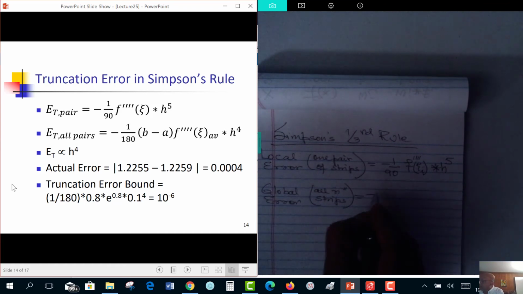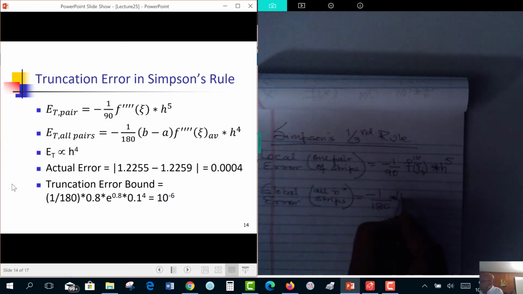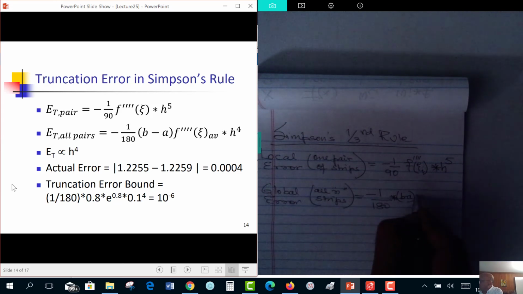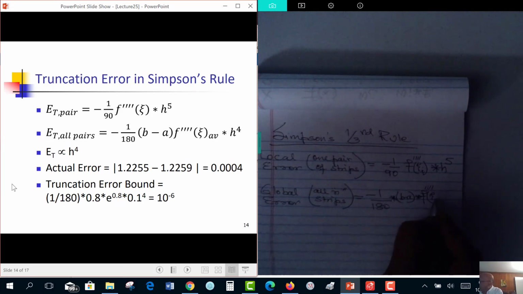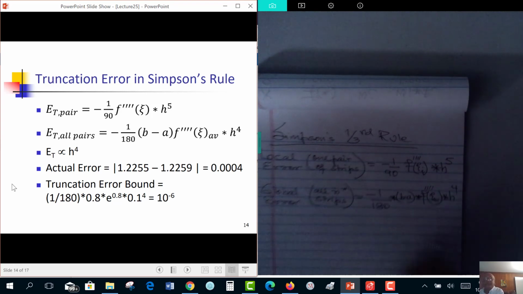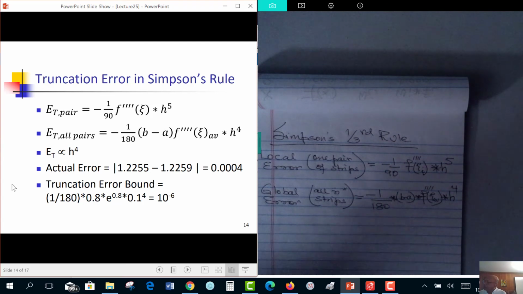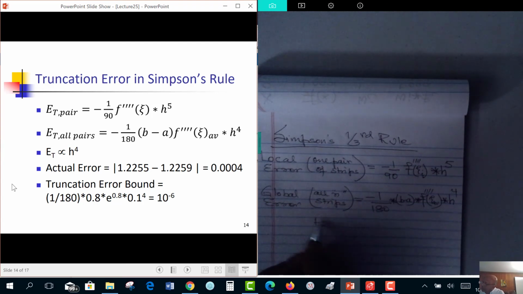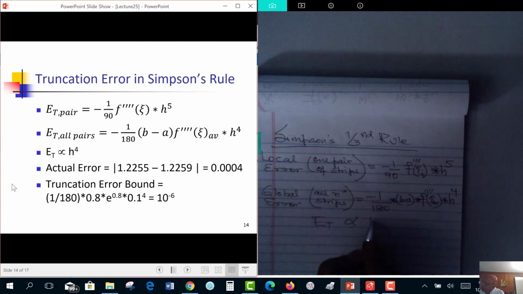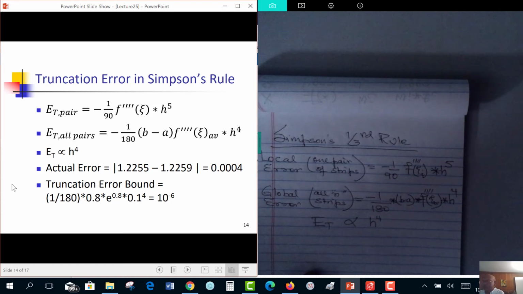So we'll get minus 1 over 180 times b minus a times fourth derivative at some zeta average times h to the power 4. So the key idea here is that our truncation error is proportional to h to the power 4.